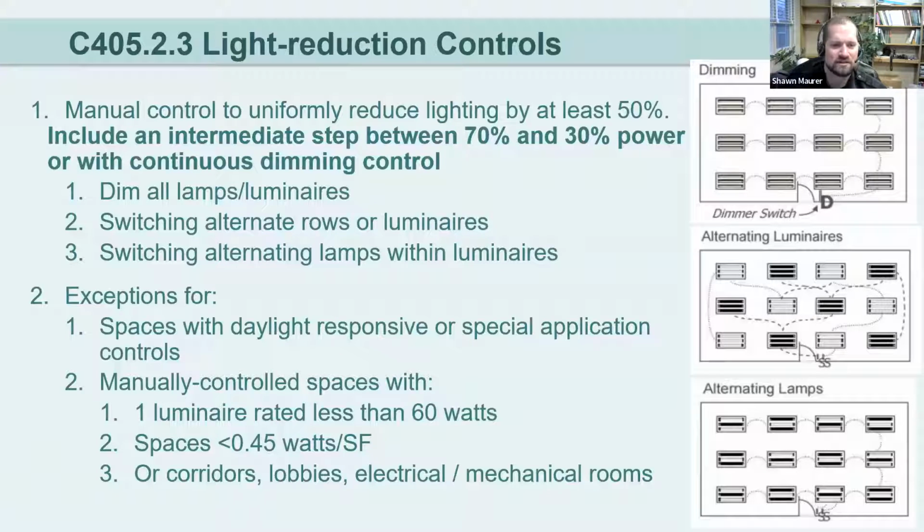Spaces with daylight responsive controls or special application controls of the lighting do not have to have these light reduction controls. And manually controlled spaces with limited wattage or safety concerns, specifically listed here, corridors, lobbies, electrical and mechanical rooms. Those spaces are not required to have the light reduction controls in them.